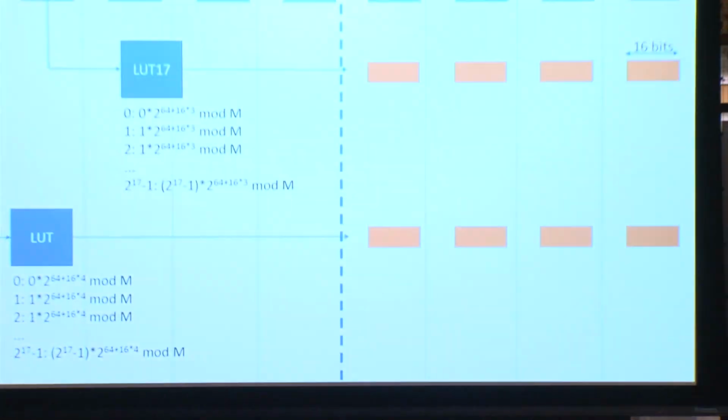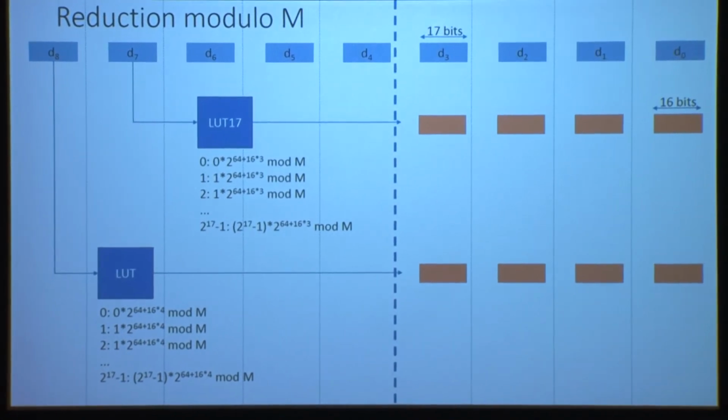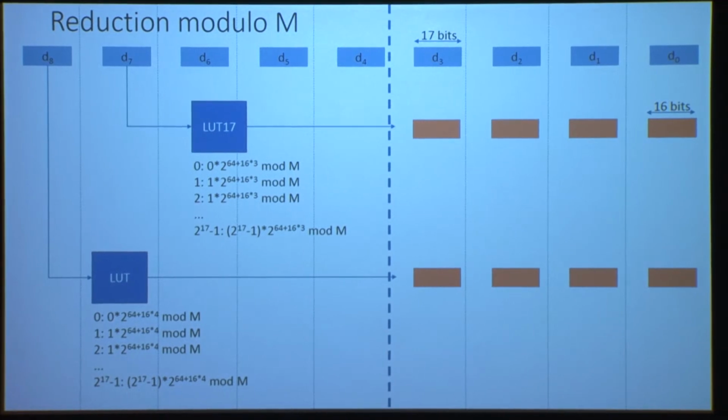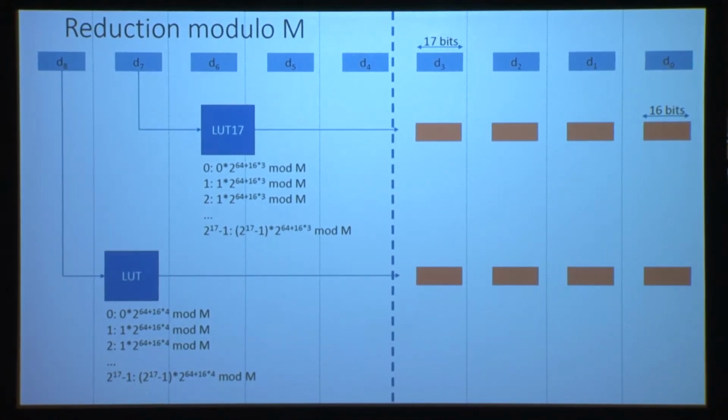So reduction modulo m happens like this: each coefficient has a weight, and each coefficient modulo m can be pre-computed and saved in lookup tables. If you look at this, for example, the topmost coefficient, d8, has the weight of 2 to the 64 plus 16 times 4.